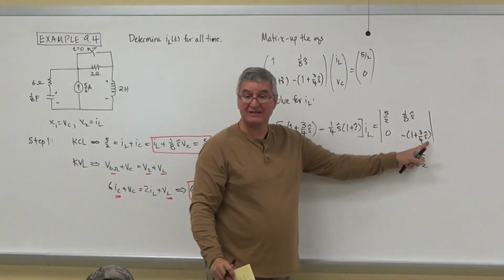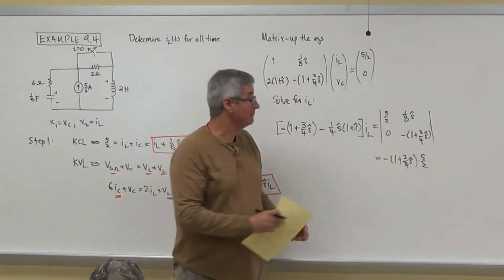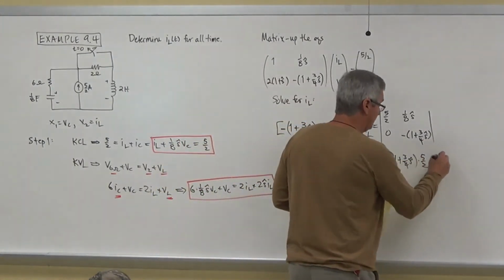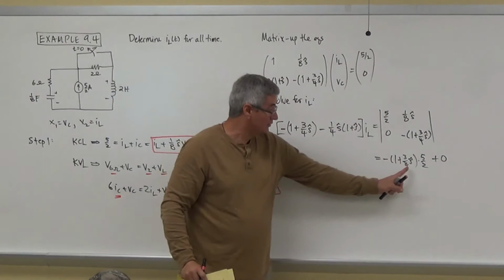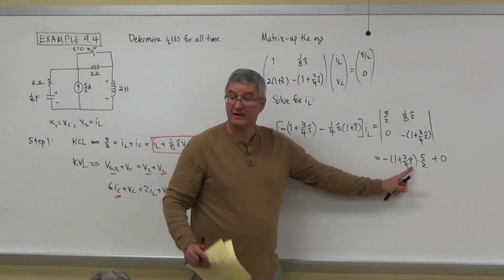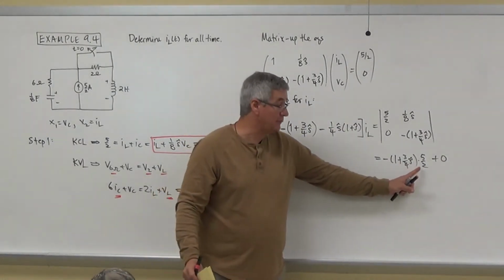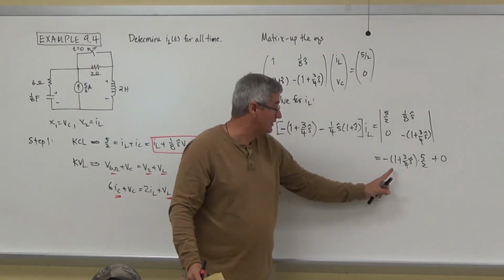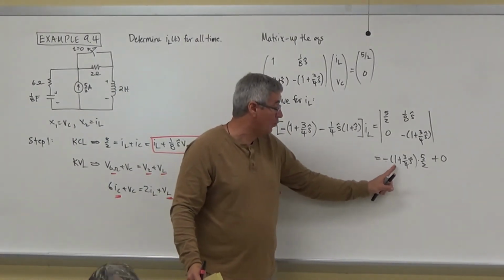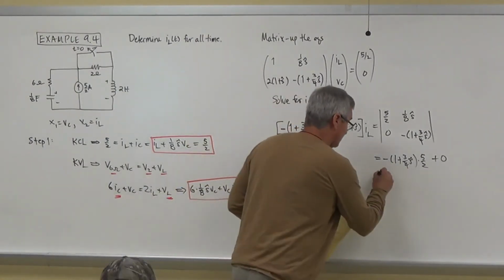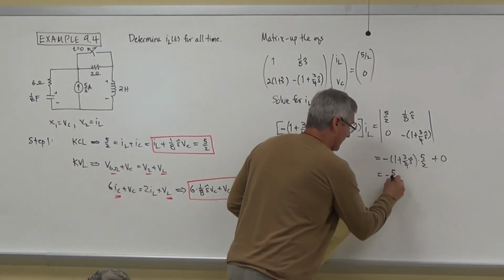An operator has to operate on something. And then you can see the other term is 0. Now look at that s hat. What is the s hat? It's the derivative. If I take a derivative of a constant, it's 0. So then I get minus 1 times 5/2, so I get minus 5/2.